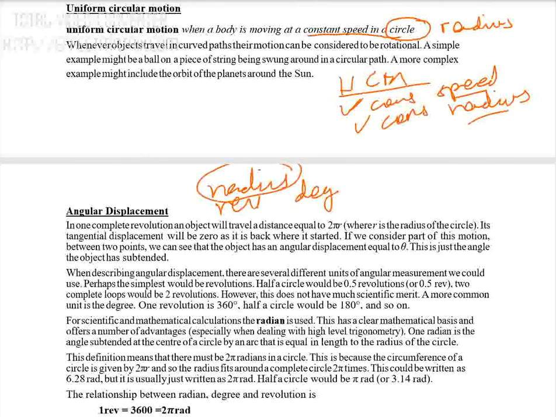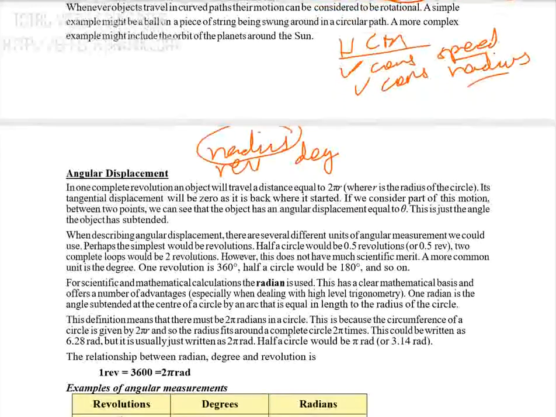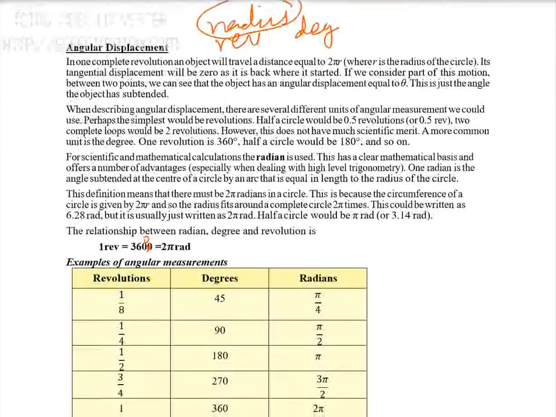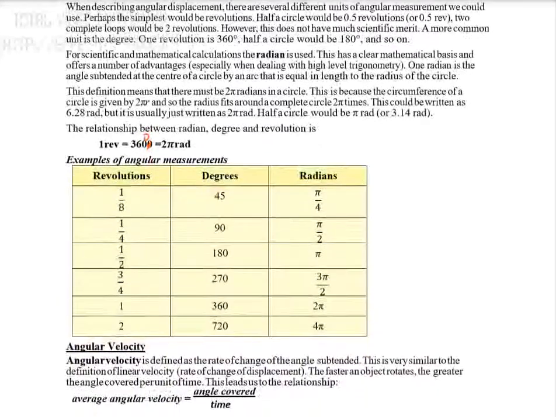Radians is the SI unit of angular displacement measurement. And the relation between revolution, degree and radians: one revolution is 360 degree and 2 pi radians is equivalent to 1 revolution as well as 360 degree.